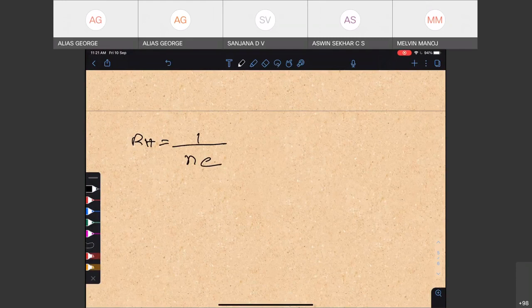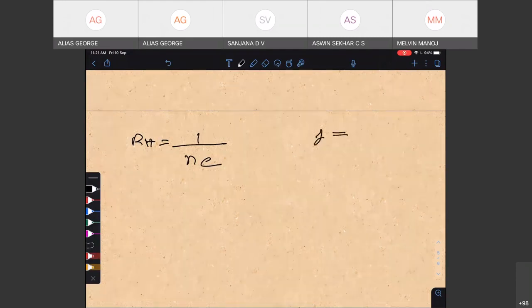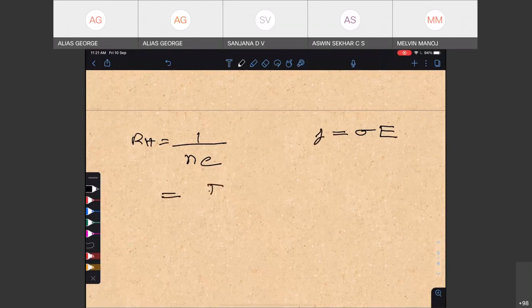And as I told, you are remembering this equation, and I also told that it can also be expressed as this equation, E by B.